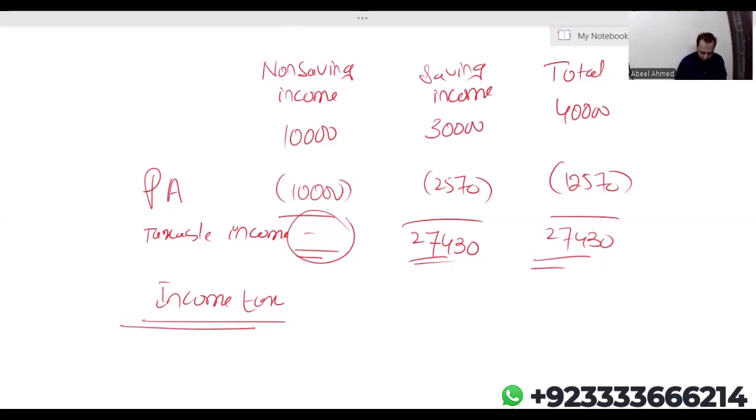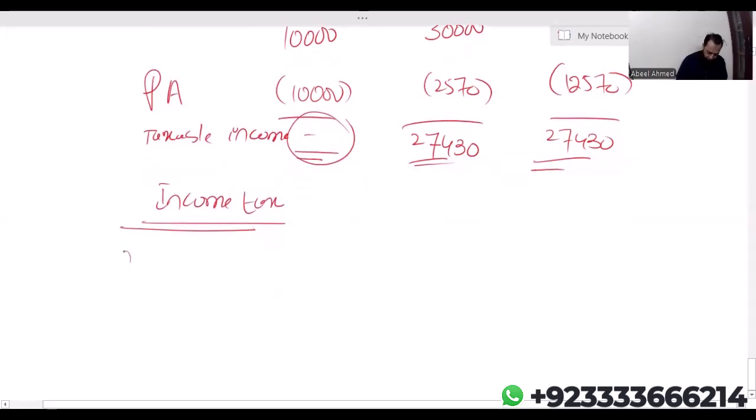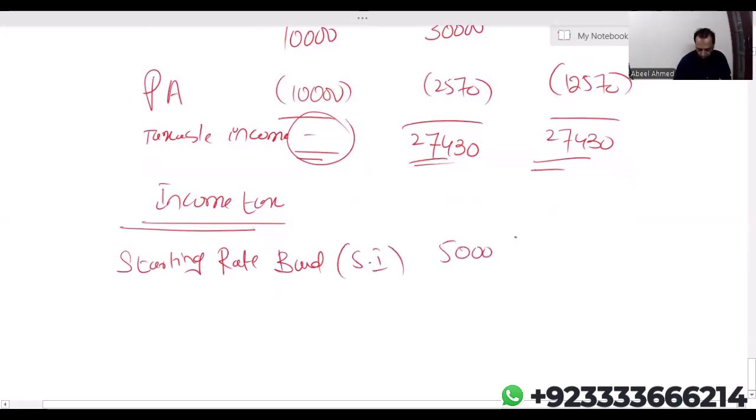Okay. Now, keep watching. Starting rate band, obviously saving income, which is 5,000 into 0% is 0. Now the question is why previously we did not use that starting rate band. Actually, previously it was not available in the previous question.